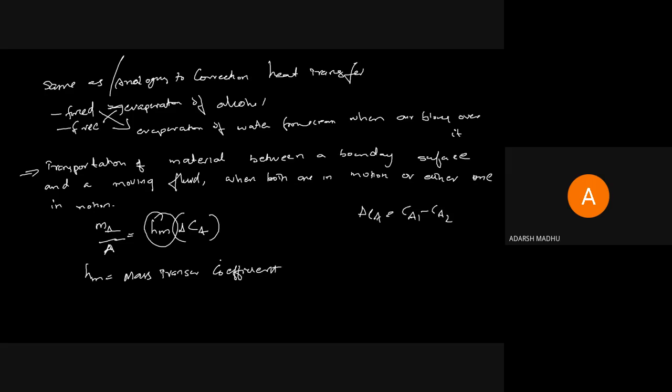Mass transfer coefficient HM. So you want to study about HM, what the value for HM is and what the equation for HM is. You find out the value and apply this equation to find the convection mass transfer. So finding HM is one section of this module.